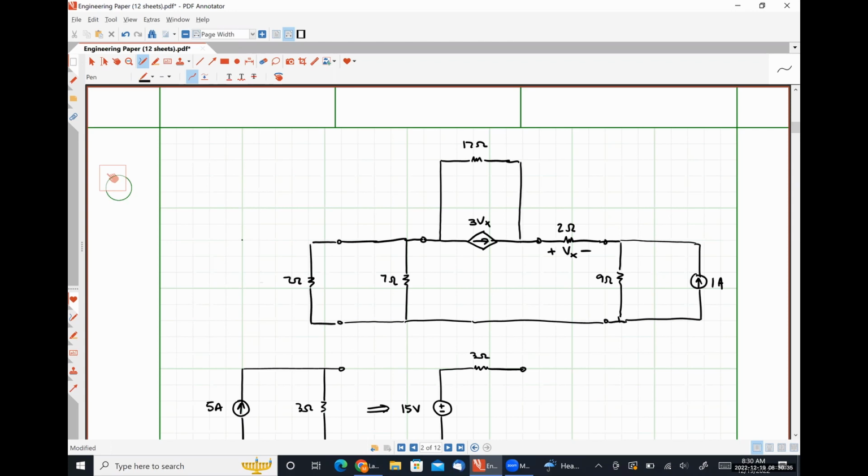So there's 7 ohms. Here is 15 over 7 amps like so. And now I can see that the 7 ohm resistor is in parallel with the 7 ohm resistor, which looks like half of 7 or 3.5.